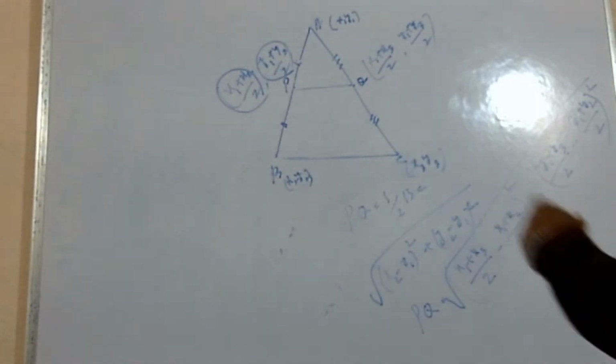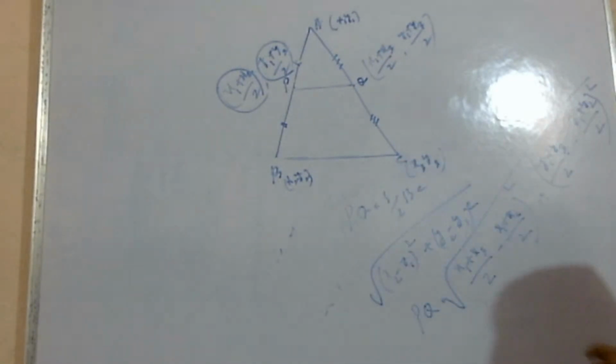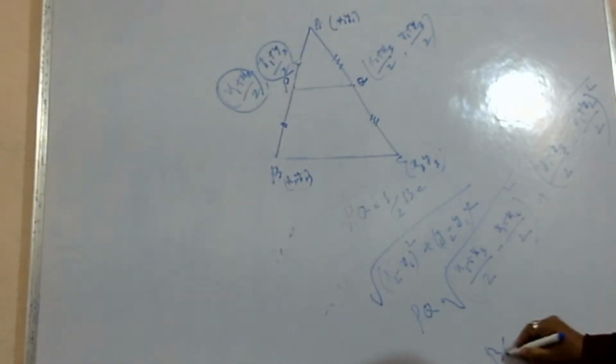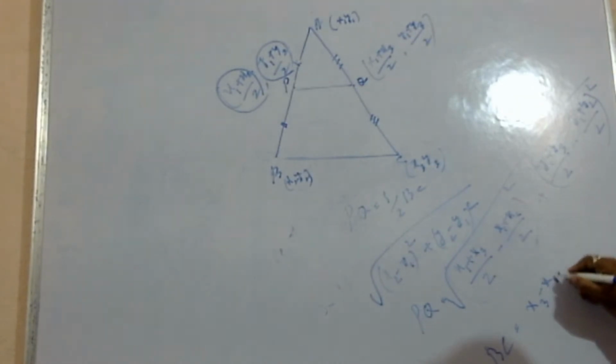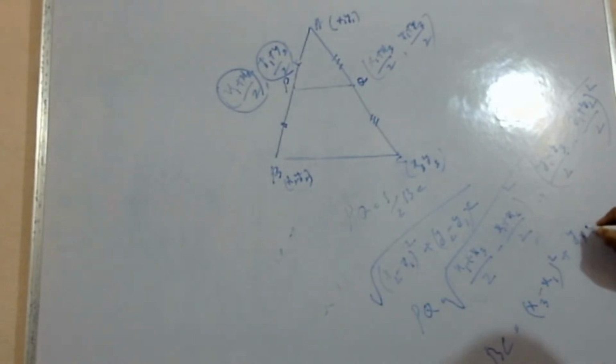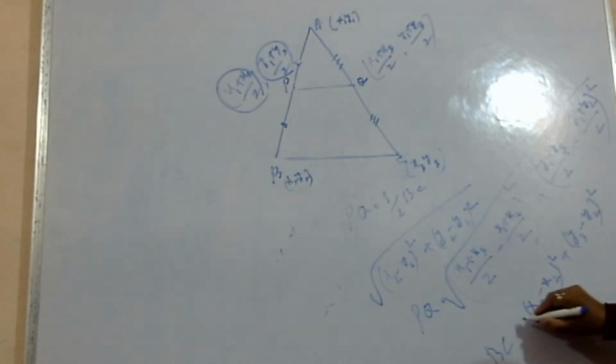Now BC is also a line segment, and B point's coordinate is given and C point's coordinate is also given. Then the BC is root over x3 minus x2 whole square plus y3 minus y2 whole square.